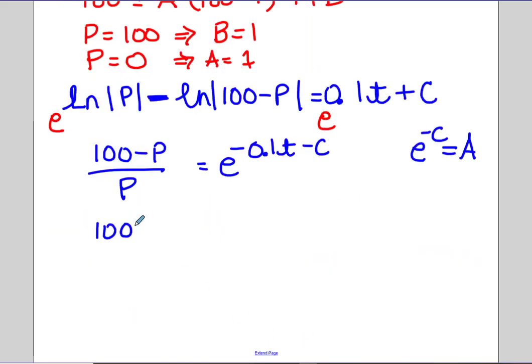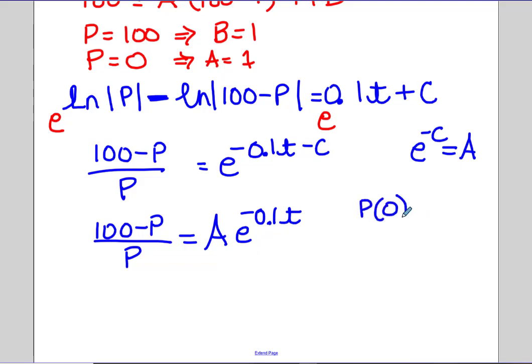So (100 - P)/P is equal to A e to the negative 1/10 t. And then they want us to let P of 0 represent 20. So if we put 0 here and 20 here, we're going to end up with the A value as 4.